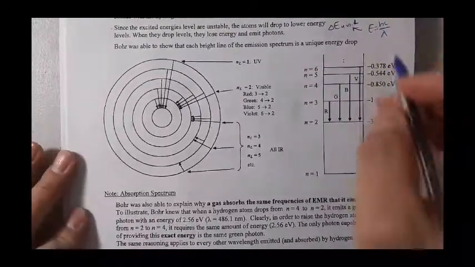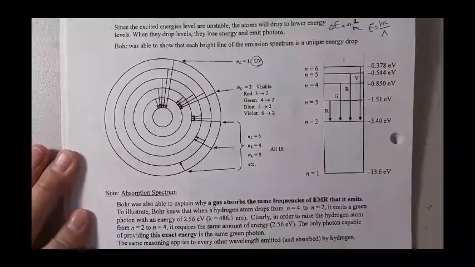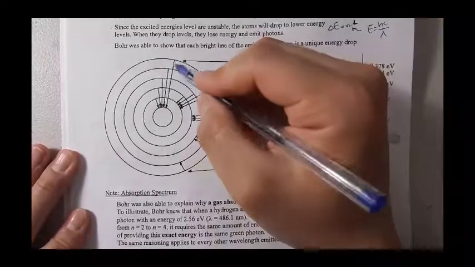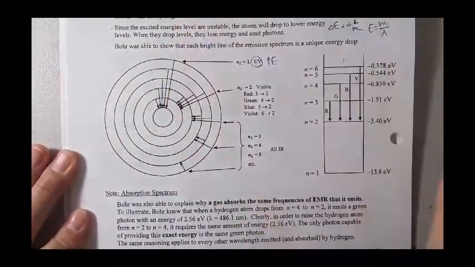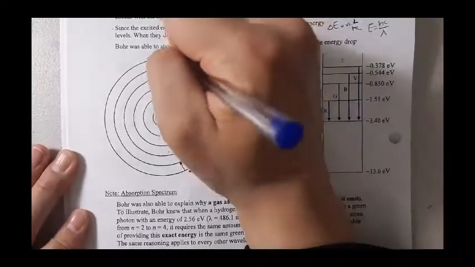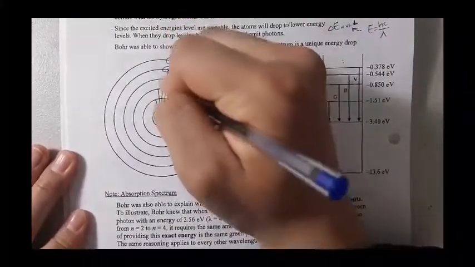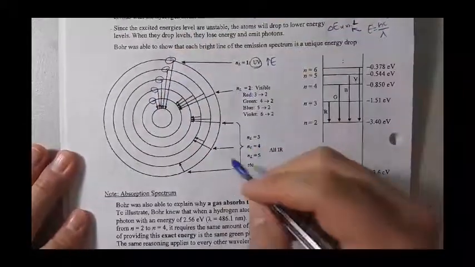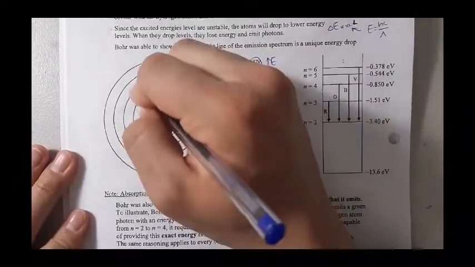Anything that involved, let's start from the bottom, UV light must have the highest energy. So that means it can go from level 1, 2, 3, 4, 5, 6.